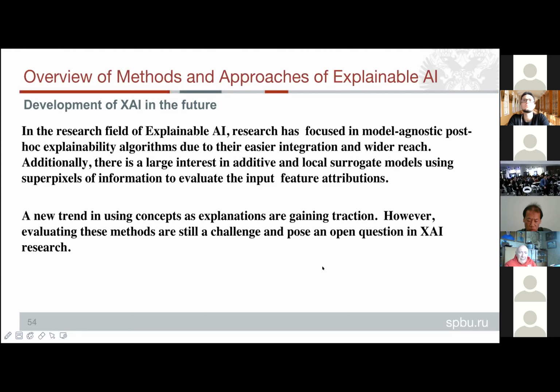Additionally, there is a large interest in additive and local surrogate models using superpixels of information to evaluate the input feature attributions. A new trend of using concepts as explanations is gaining traction. However, evaluating these methods is still a challenge and poses open questions in XAI research.